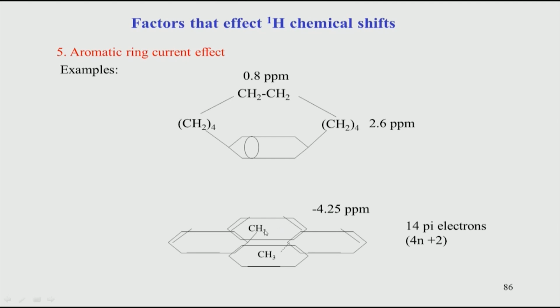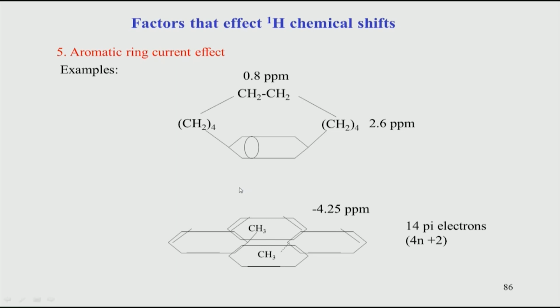That can happen because this hydrogen is right on top of the ring, and that is a shielding effect because of the ring current. Any hydrogen which is located in the plane of the ring will not experience that shielding effect, and it will typically come at the ppm value of the benzene ring, which is 7 ppm. So, aromatic ring current effects are very important for understanding the structure of molecules.